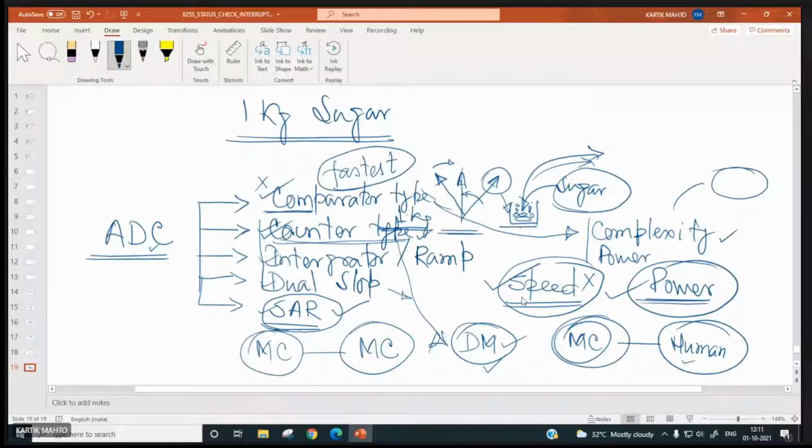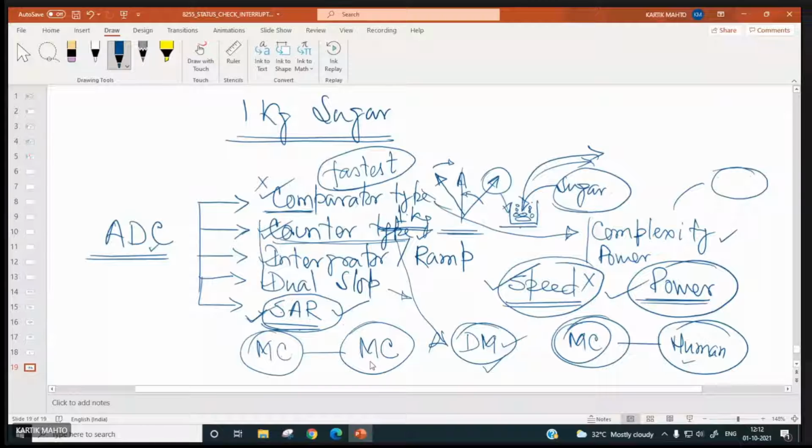So what I was telling you is that speed is important in the case of machine to machine communication. But when machine to human communication is needed, the speed is redundant, because you have sufficient time to read any measurement on the multimeter. The last thing is that SAR, the successive approximation type, is very popular and important when a machine to machine interface is required.